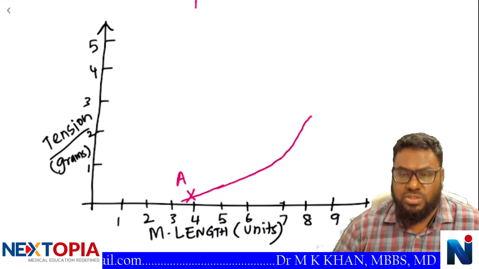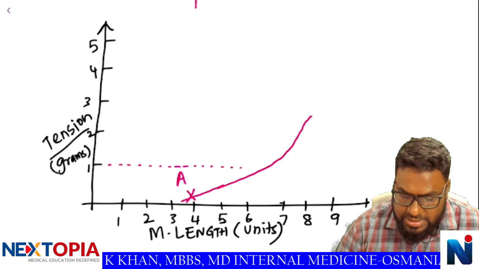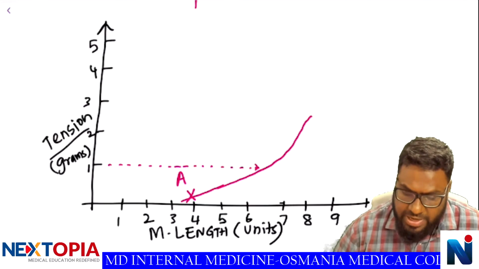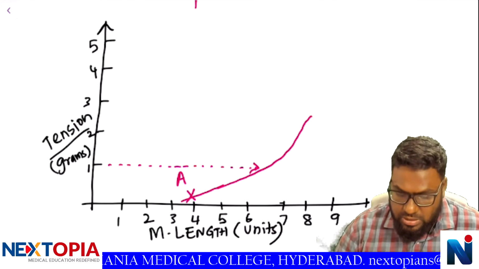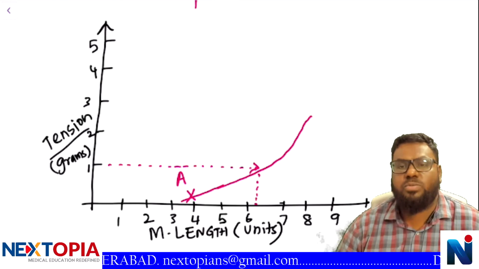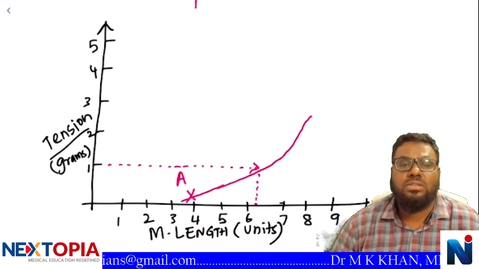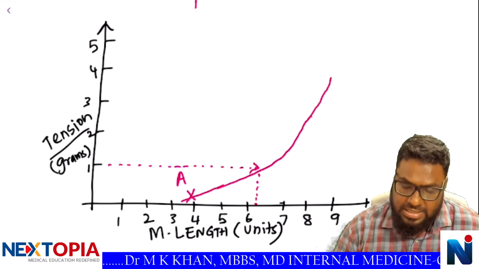With each 1 gram of increase in the weight, the muscle stretches; say from 4 it has come to 6.5 or 6.1, something like that.